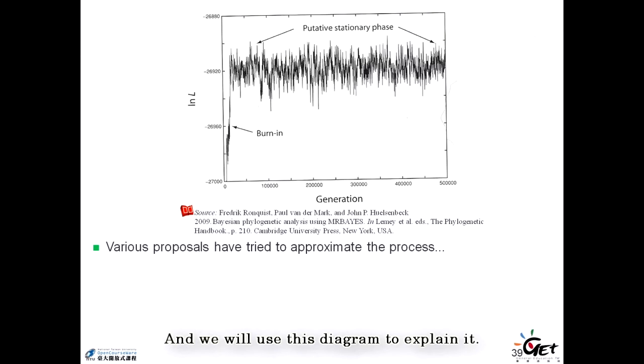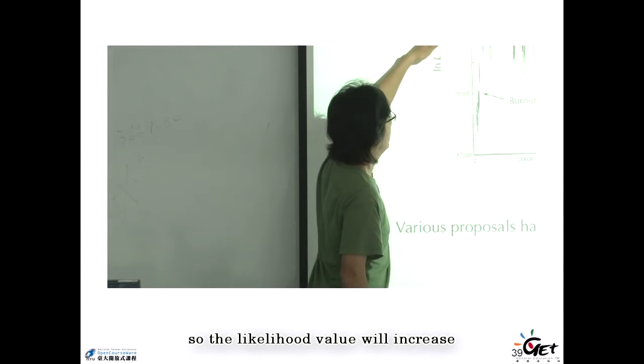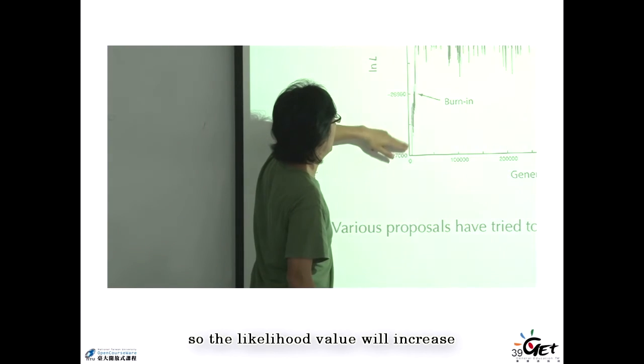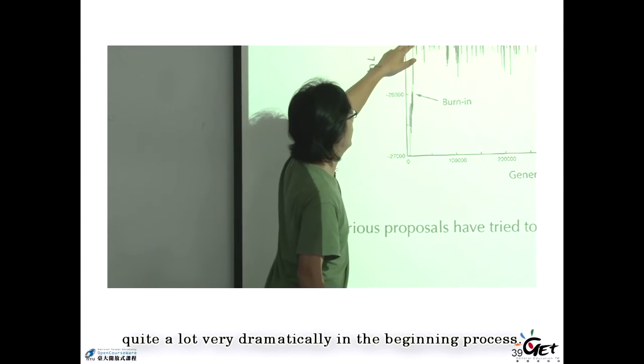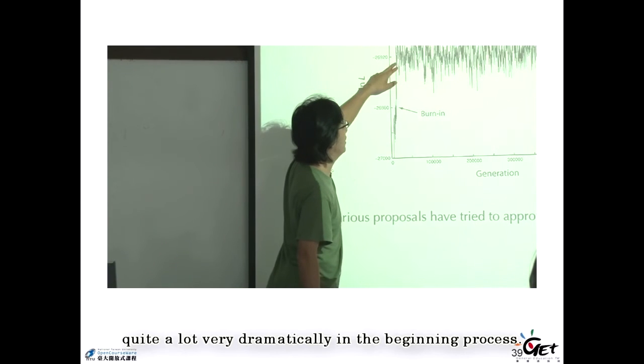And we'll use this diagram to explain that. So this is the generation time. We kind of generate a population of trees every time, and see if the data matrix can fit into that. In the beginning, because we are starting from a random point, the likelihood value will increase quite dramatically in the very beginning of the process.